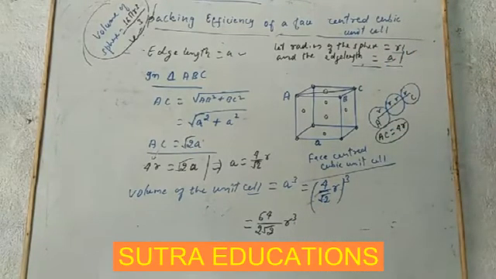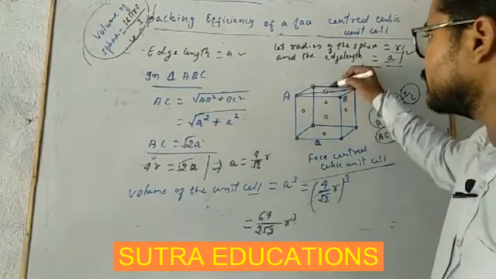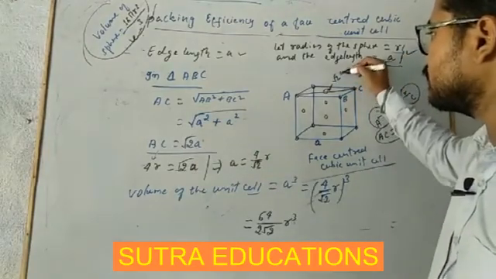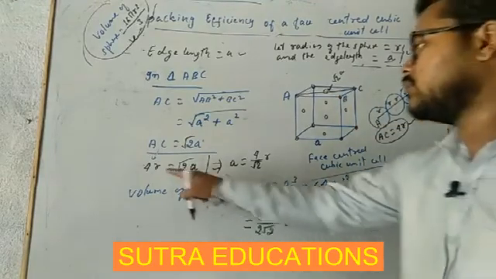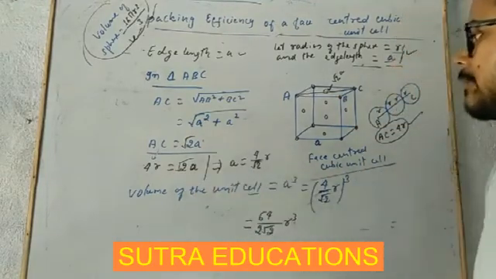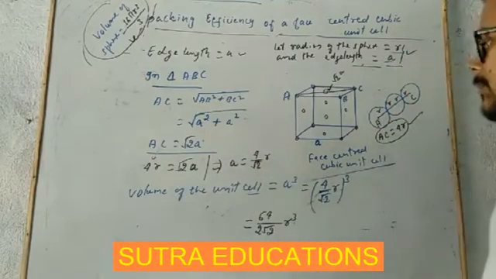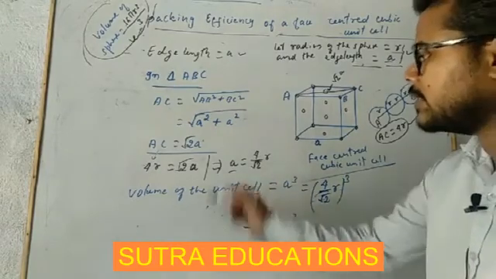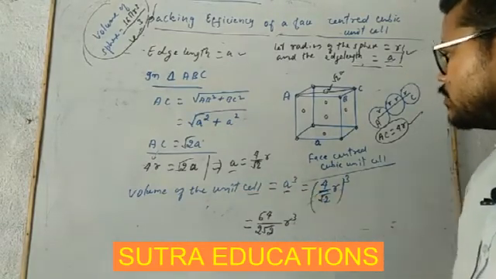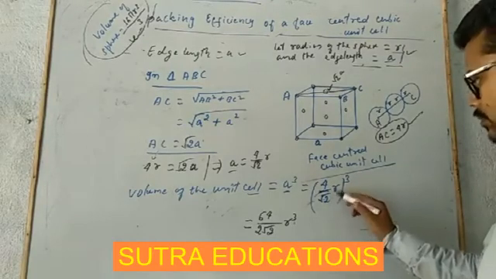Okay, got it? AC is equal to root 2a, this distance is equal to root 2a. AC we have calculated as 4R, so 4R is equal to root 2a. So a will be equal to 4 by root 2 R, and a is edge length, so a cube will give the volume of unit cell. So a cube is equal to 4 by root 2 R whole cube.